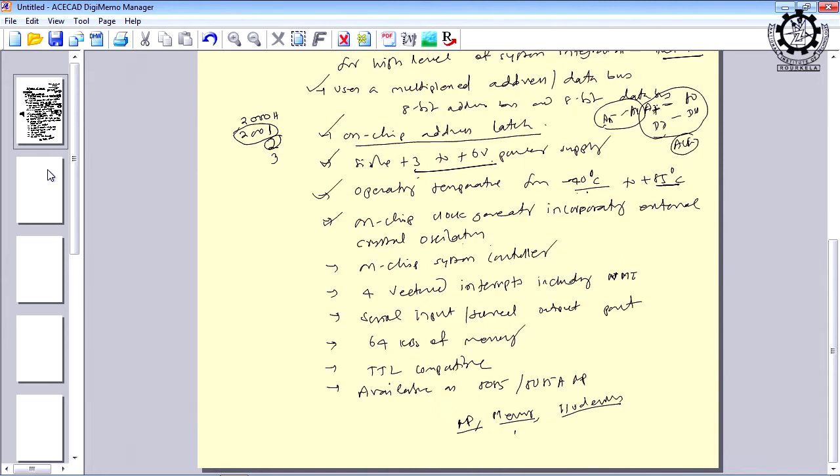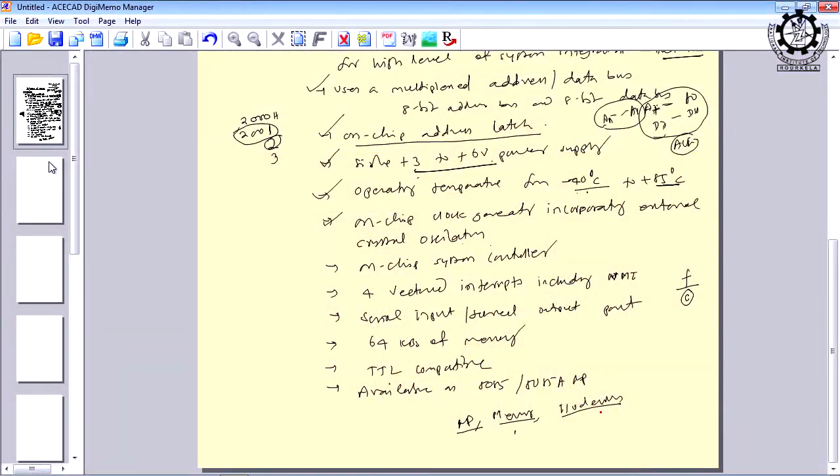That means the frequency must be divided by a parameter, let us take C, and this C will determine the speed of the memory, and this C will decide what should be the frequency of the I/O devices. That means the maximum frequency I must divide, and you might have studied the counter. Counters can be used for dividing the frequency into smaller frequencies.